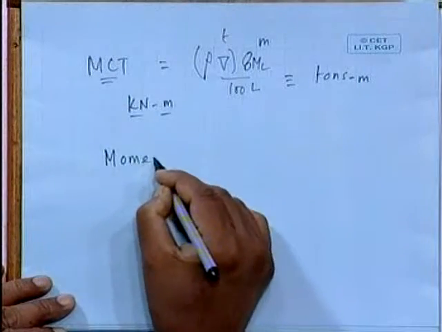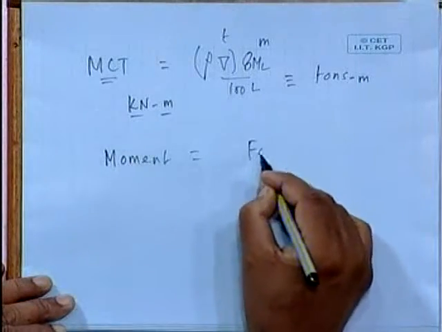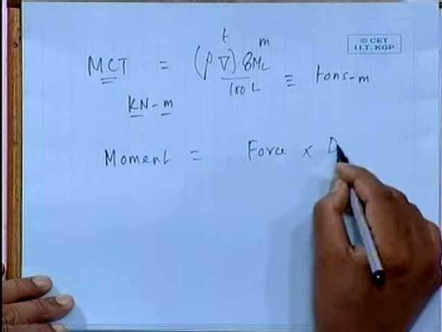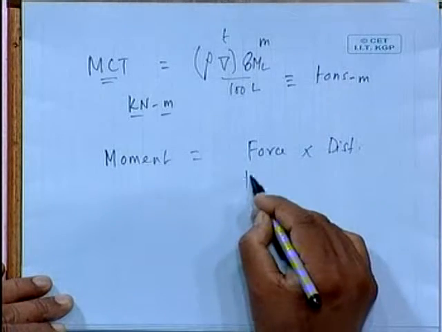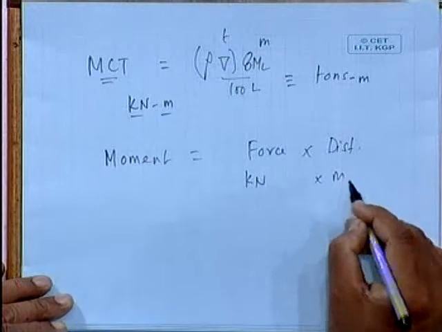Remember that ton meter is not strictly an SI unit for moment. The SI, international standard unit for moment is kilonewton meter, force into distance. Again, moment is force into distance, this is in kilonewton, this is in meter.